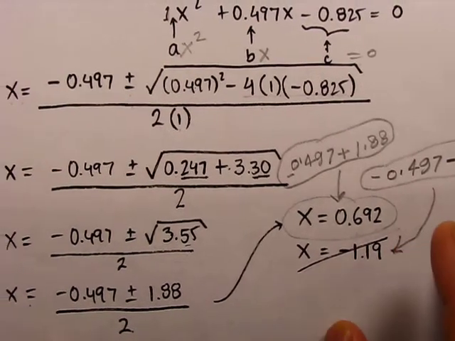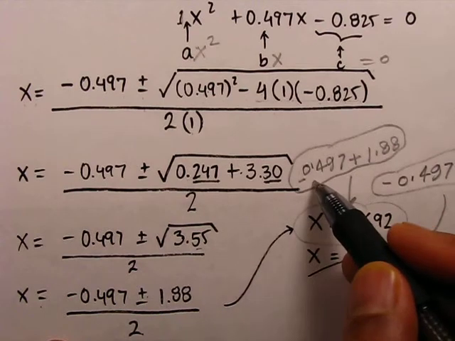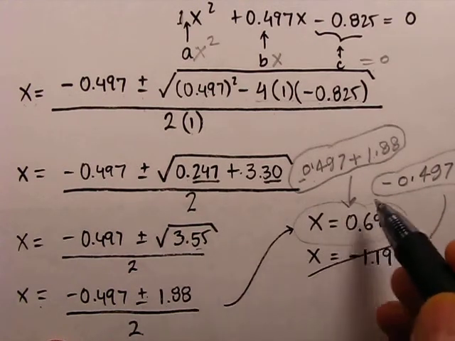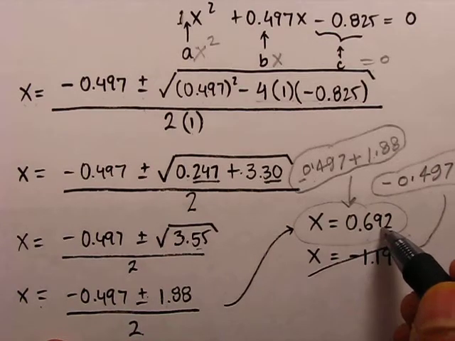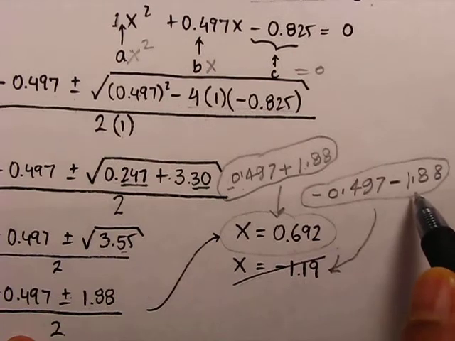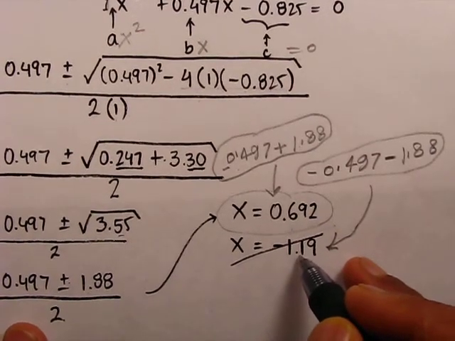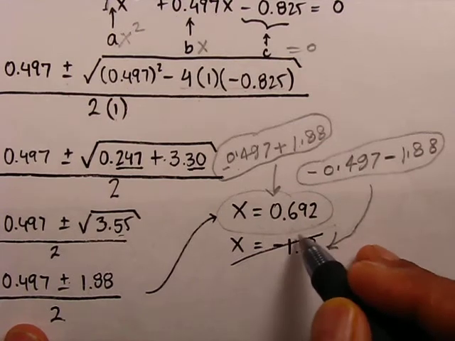If we use the plus sign, we get x as 0.692, and if we subtract, we get a negative value, negative 1.19, so this is not possible.